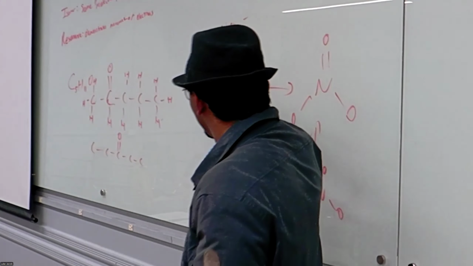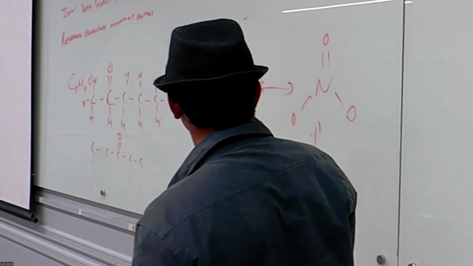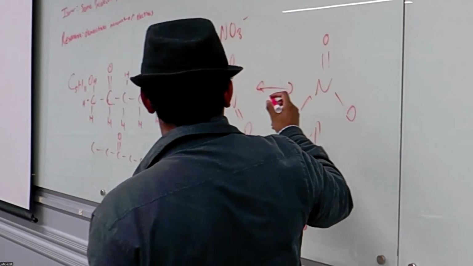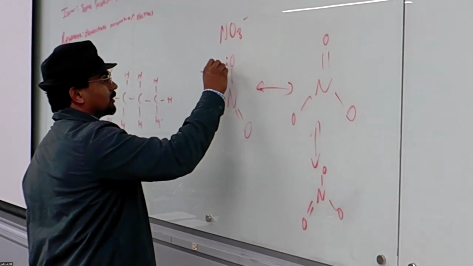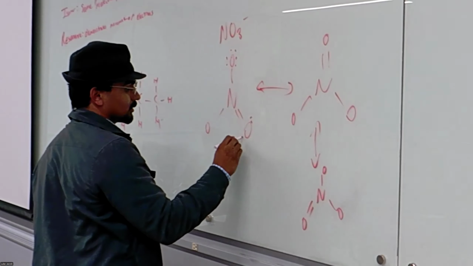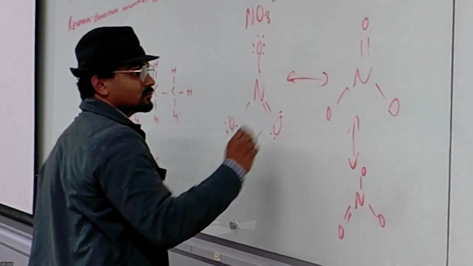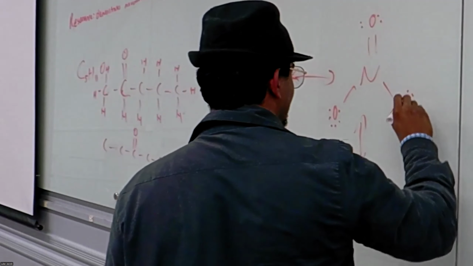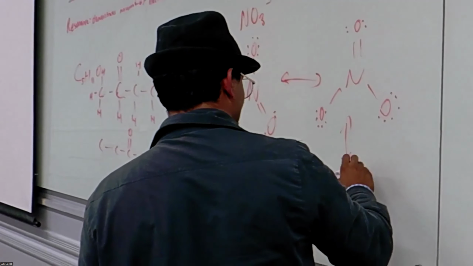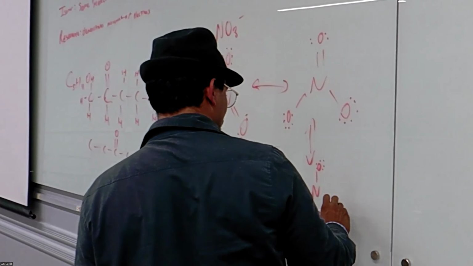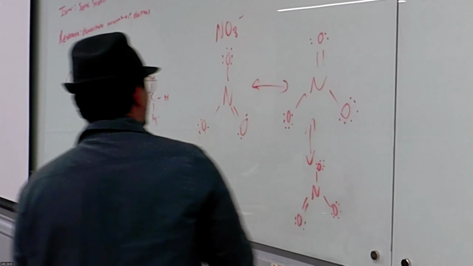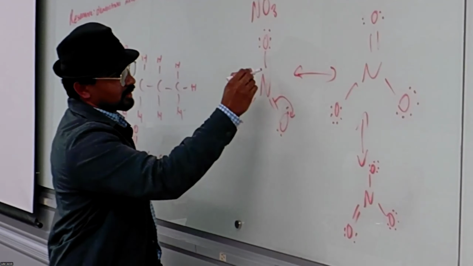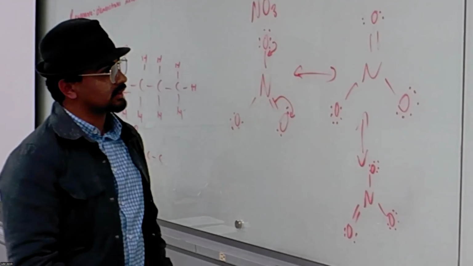None of the atoms are actually moving, the only thing changing are the bonding electrons. If you want, I can draw the arrows. What's actually happening is the electrons are moving.